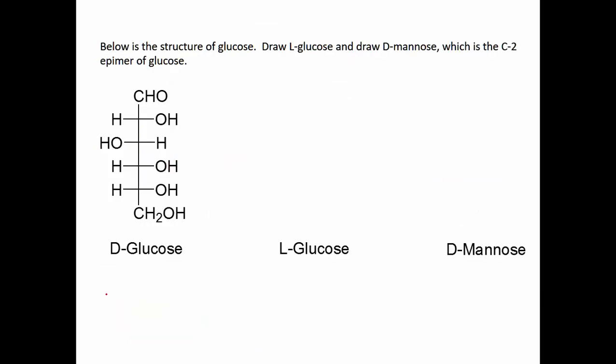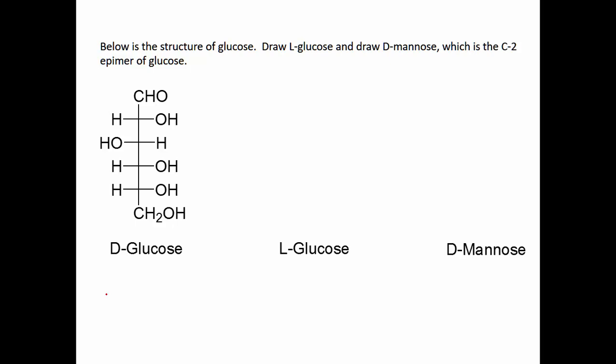All right, so let's do a little exercise here. If given the structure of D-glucose, you should be able to draw the structure of L-glucose. And knowing that D-mannose is merely the C2 epimer of glucose, we should be able to draw D-mannose, knowing the structure of D-glucose.